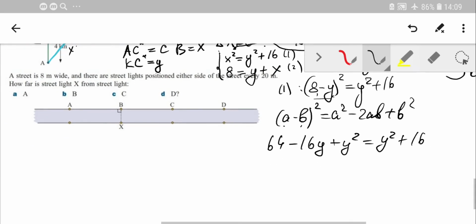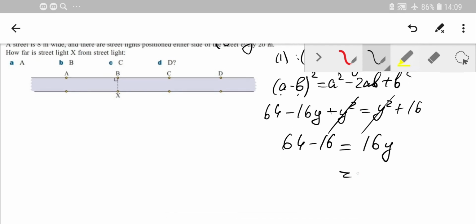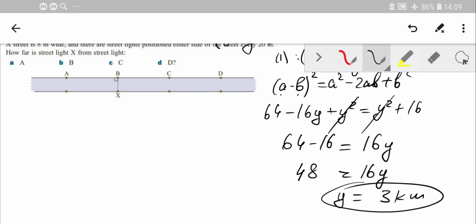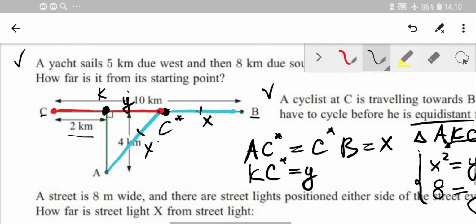Alright, so we can simplify that. Y squared will be crossed out and we're left with 16y equals 64 minus 16. So we simplify that and we'll get 48 equals 16y. So y is simply 3 km, okay? So we found that y is 3.